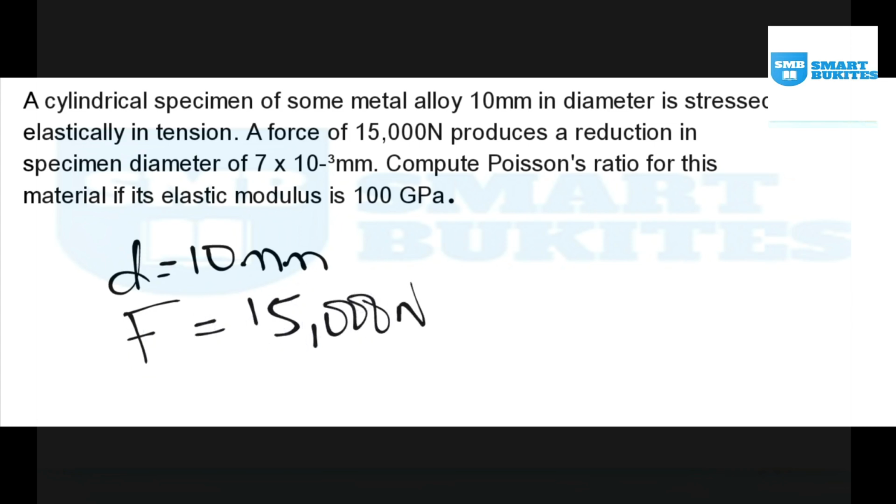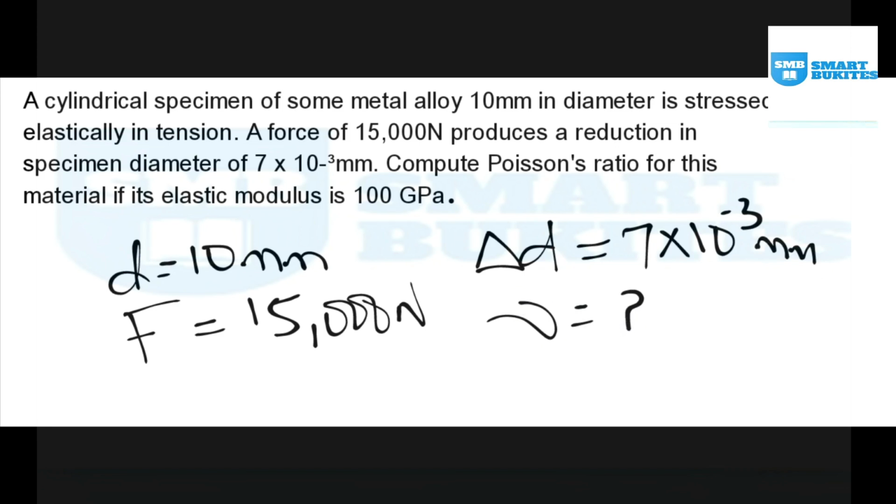And this force reduces the diameter, that's that earlier 10 millimeters, by 7 times 10 to the power of negative 3. That's the change in diameter after applying that force is 7 times 10 to the power of minus 3 millimeters. We are told to compute the Poisson's ratio given that the Young modulus or modulus of elasticity is 100 gigapascal.